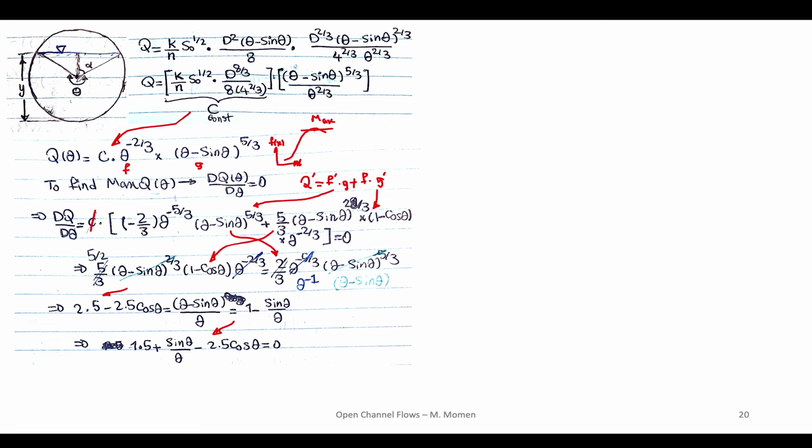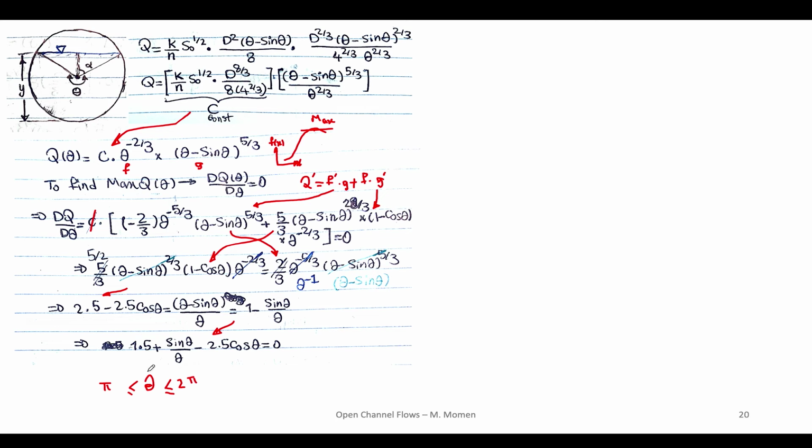Of course theta cannot be less than pi, because if it is less than pi, it doesn't make sense. We don't have such a problem. So theta should be greater than or equal to pi in terms of radian, and smaller than or equal to 2 pi. So this is the range of theta.